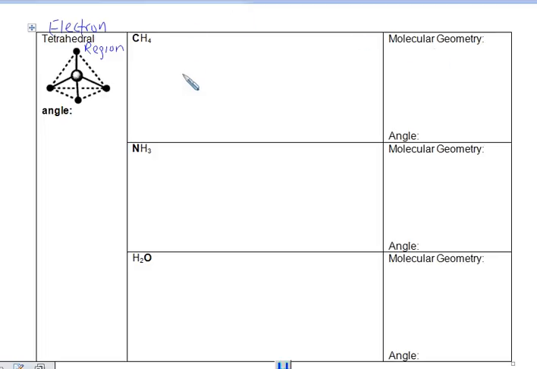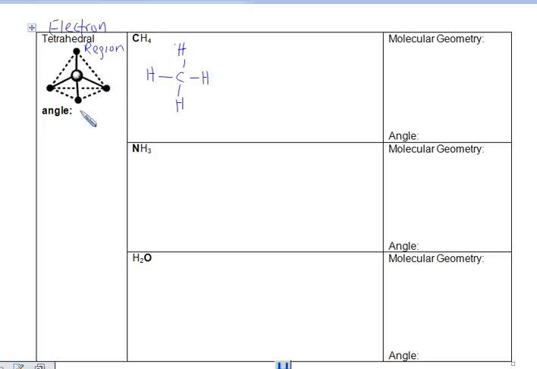Let's look at methane. If we draw methane, we have this particular arrangement. And if we look at this in the plane of the paper, it looks like each one of these is 90 degrees apart.